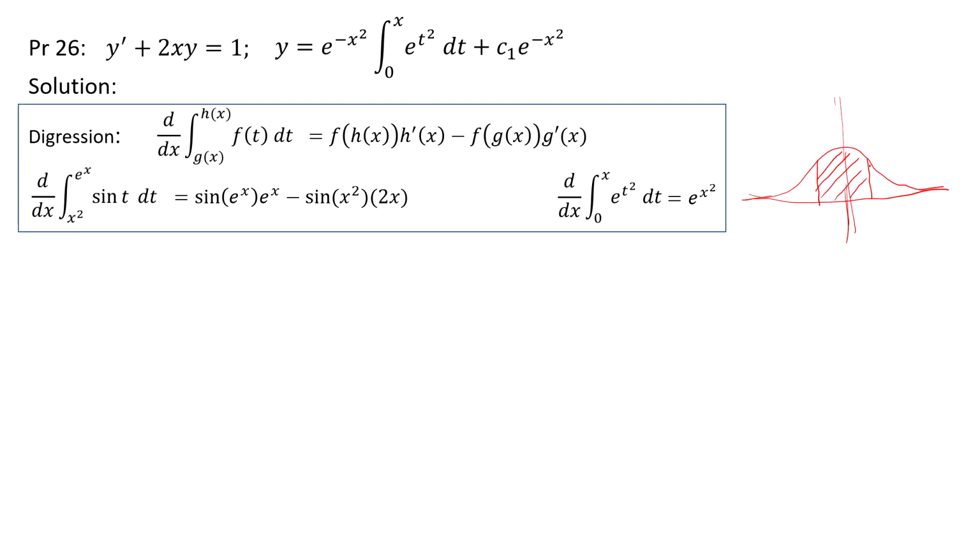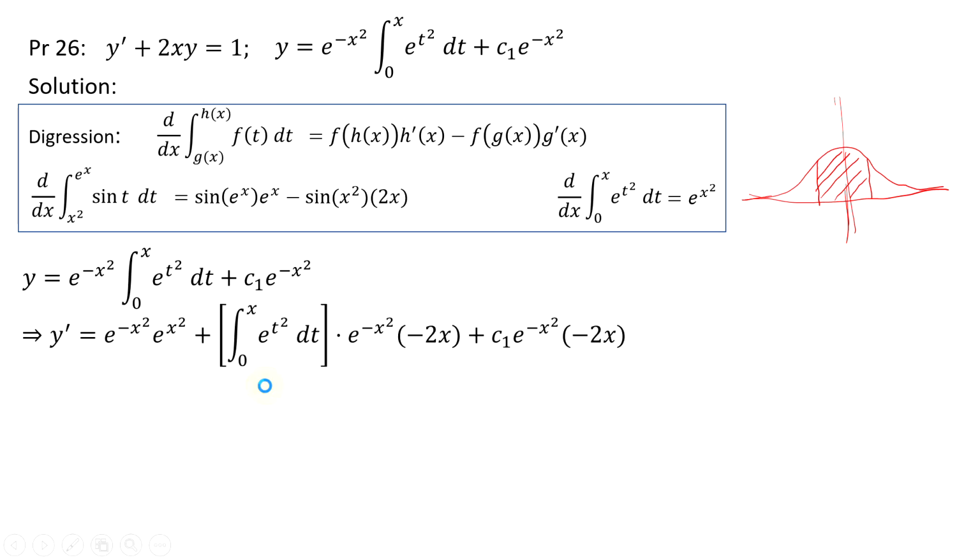Cool? All right. So once we know that, we need to look at this as a product, e to the negative x squared times some function of x.